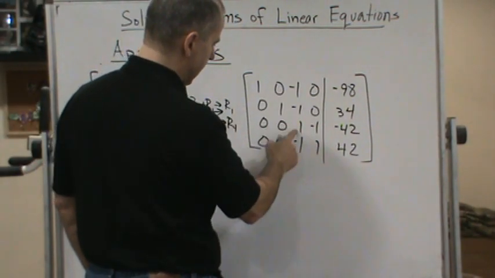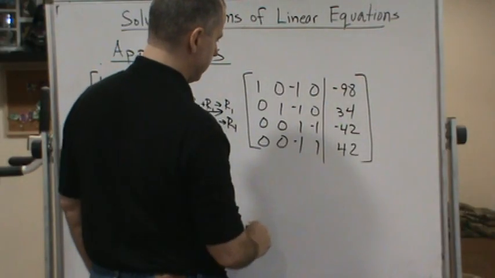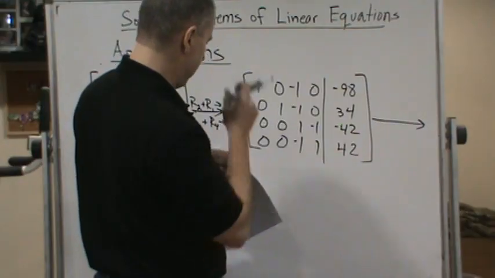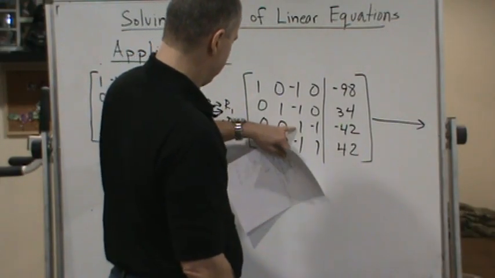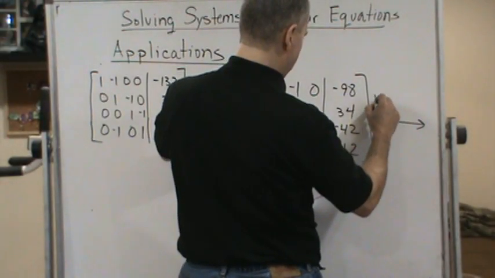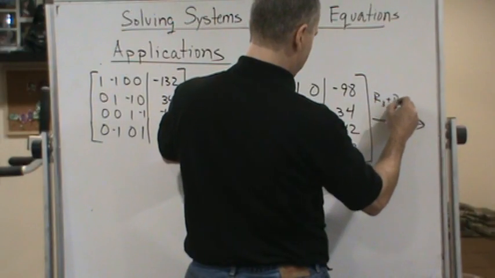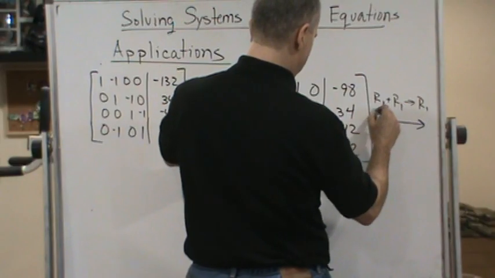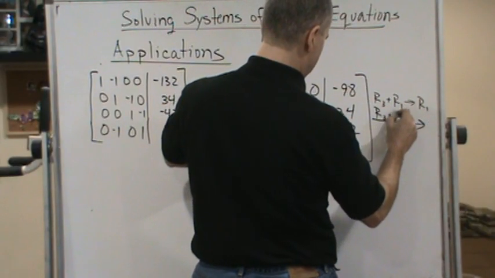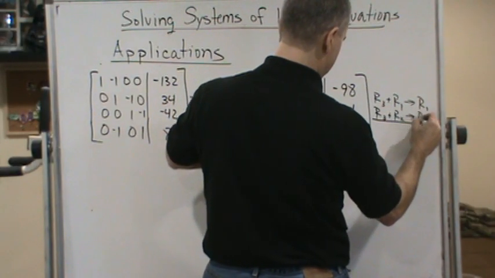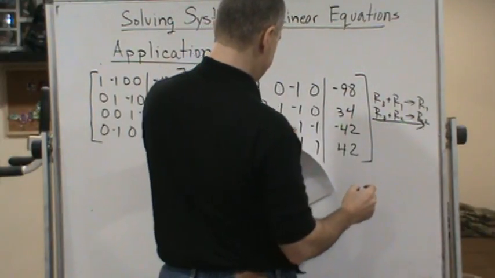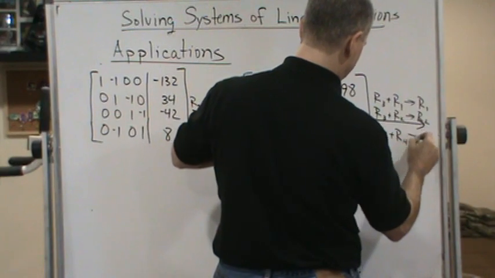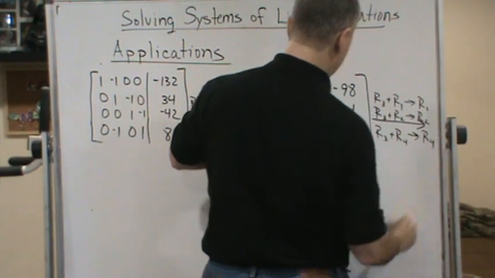Now let's go to the next column, and we're going to use this to eliminate the rest of them. So in this case, let's write out all the transformations we're going to do. Let's do row 3 plus row 1 and replace row 1. And then we're going to do row 3 plus row 2 and replace row 2. And same thing, row 3 plus row 4 and replace row 4, right?